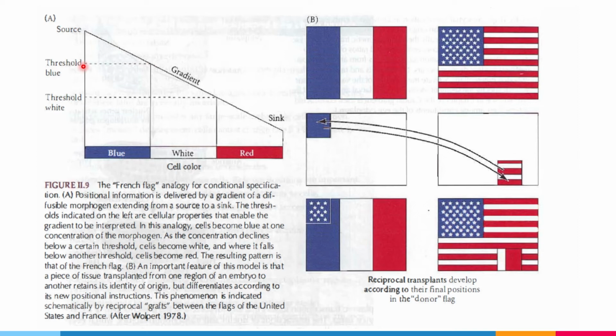Until the concentration is this high, it forms blue. But once the concentration of the morphogen drops below this threshold, it will form white. And finally, when it goes even lower, it will form red. That is why we have this three-color formation: when the concentration is highest, we have blue, middle concentration white, and low concentration red.